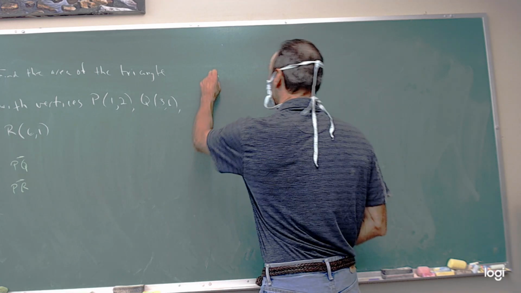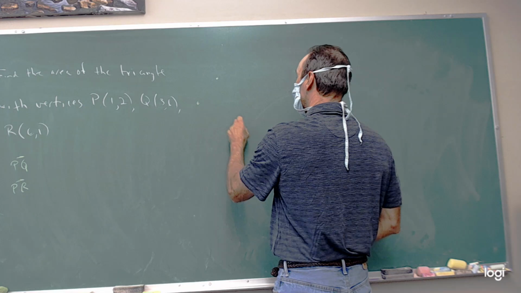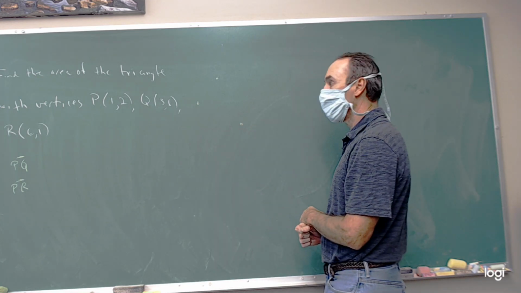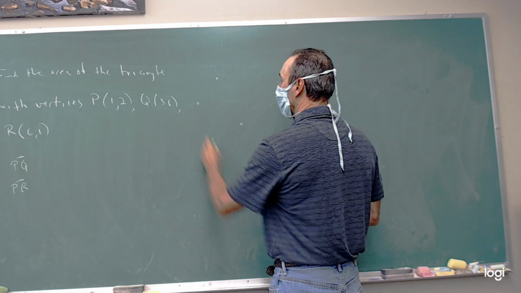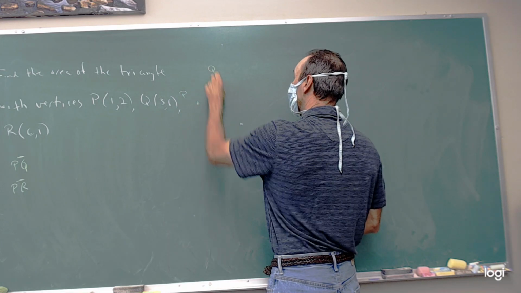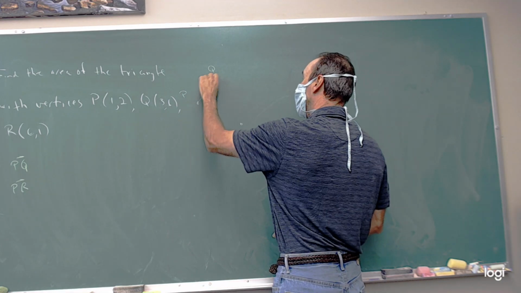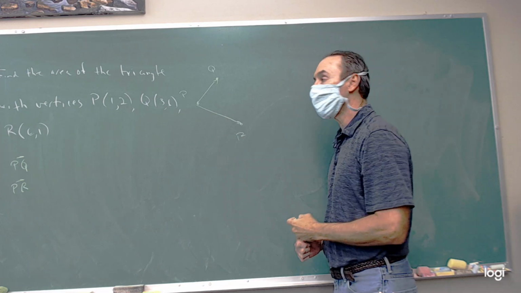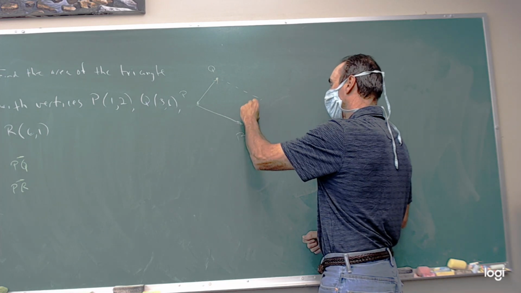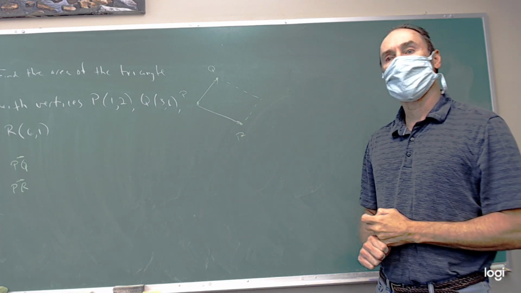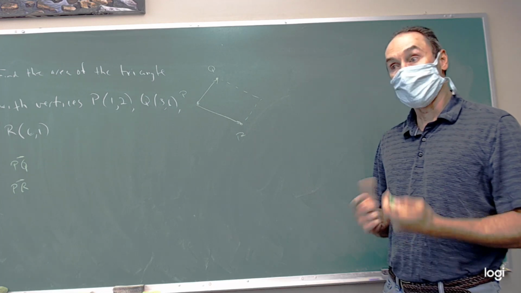So the idea is you have these 3 points, whatever they are, in the plane. And so if this is P and that's Q and that's R, they are going to form a couple vectors. And we know that the determinant's going to find the area of that parallelogram.